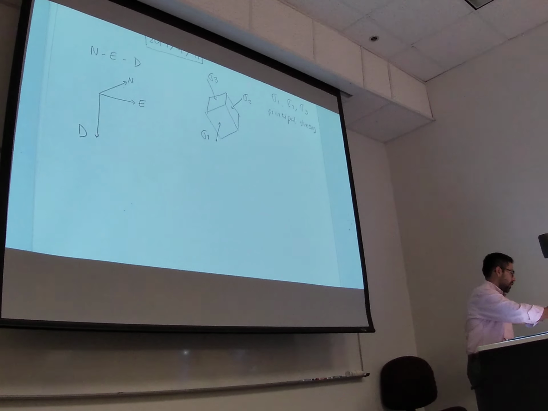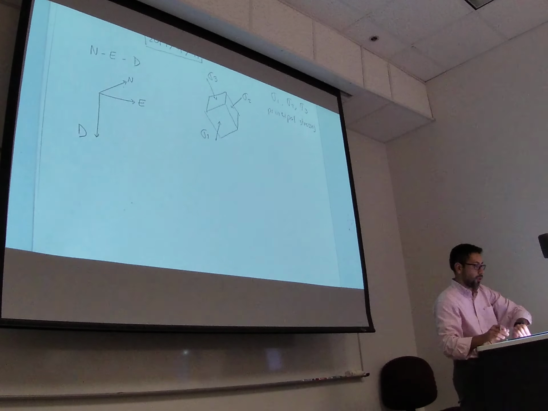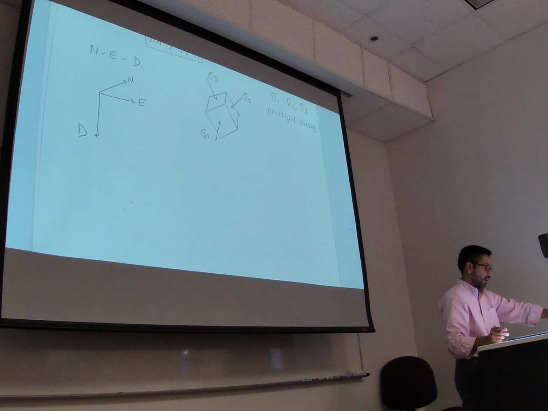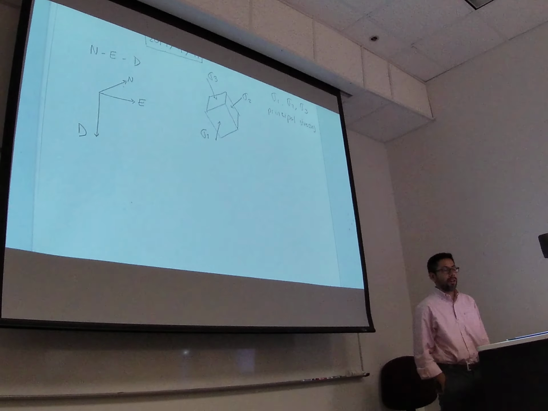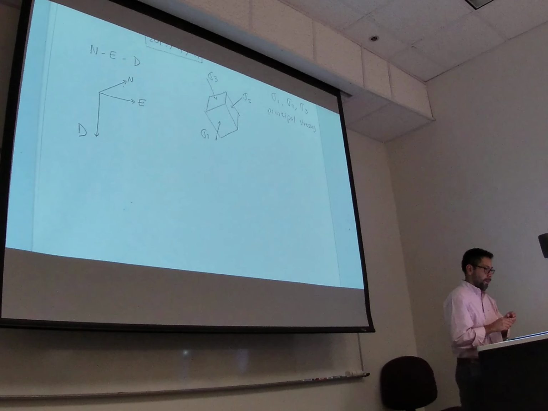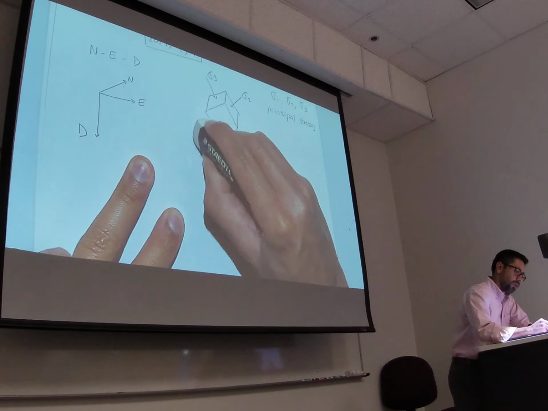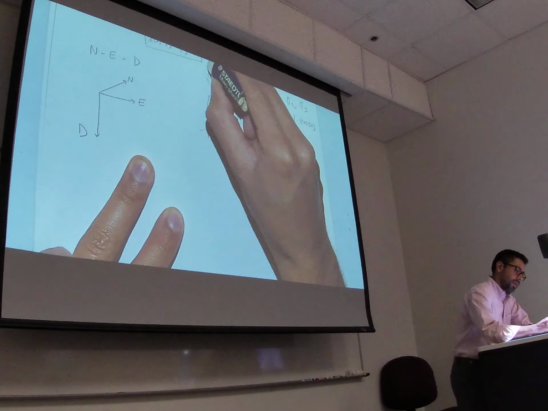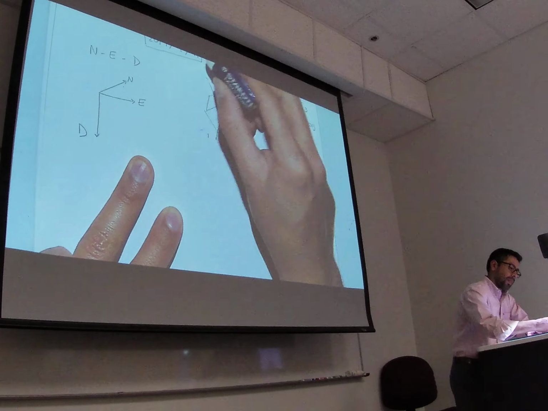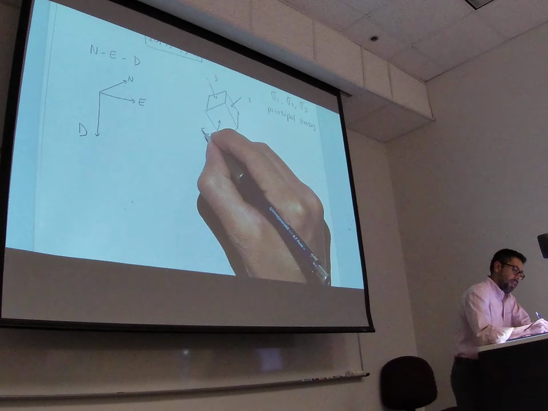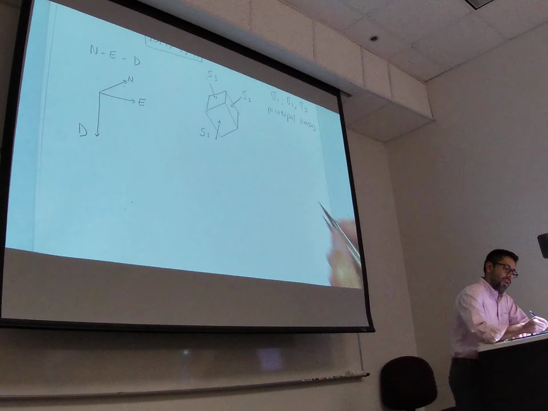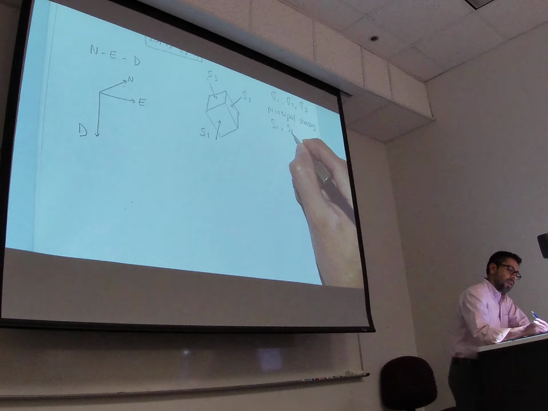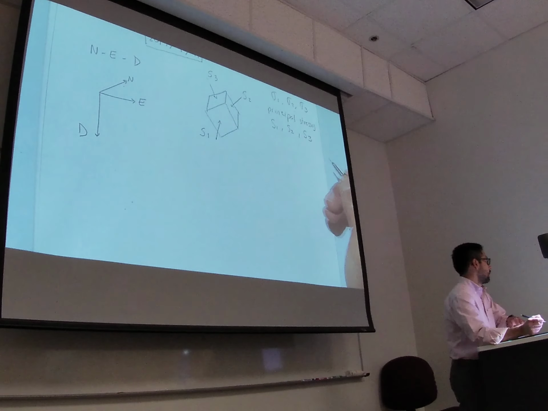Let me change that quickly to something so I don't do it twice. Let me change this to S. So this is going to be the principal stress, and this is the same as saying S1, S2, and S3.